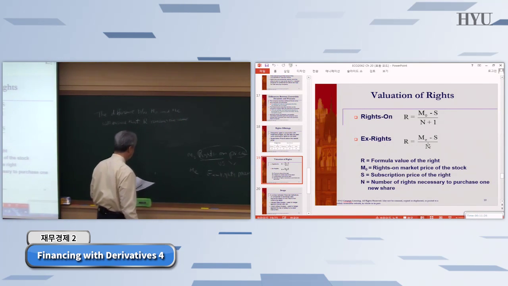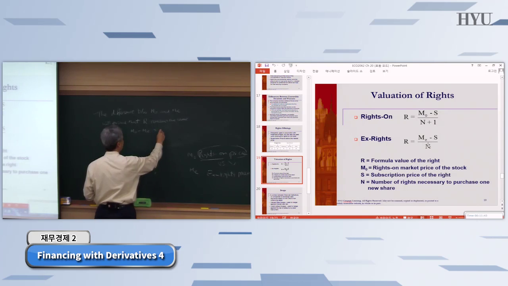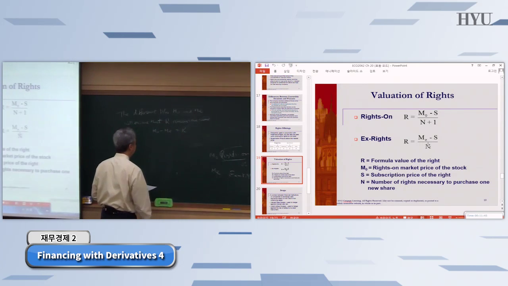In other words, MO minus ME should be equal to R.